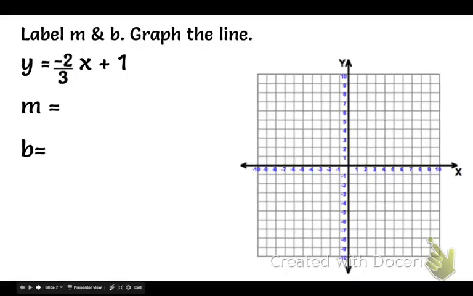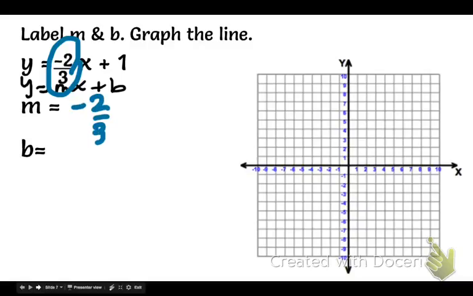Okay, here's my example. Again, I'm going to put y equals mx plus b right underneath my equation to help me pick out my slope and my y-intercept. In this case, my slope is a fraction, it appears. So my slope is -2 over +3. And my y-intercept is +1. So I'll need to begin with my y-intercept at 1.